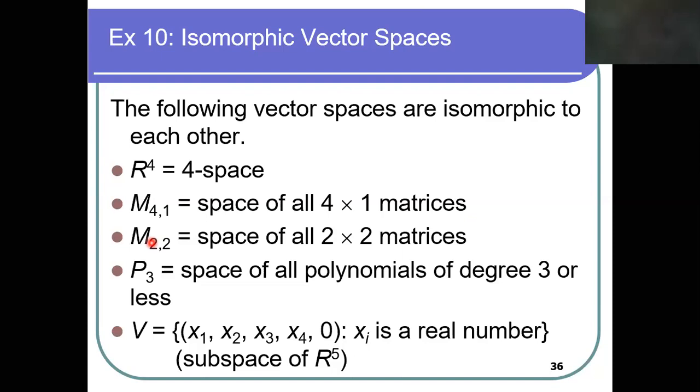These are four, and this is again four bases in P3, a four-dimensional vector subspace of a five-dimensional space, which consists of four elements. So these are all isomorphic because the dimensions are the same.